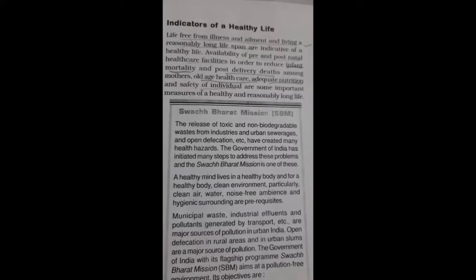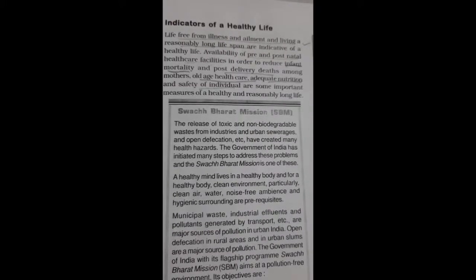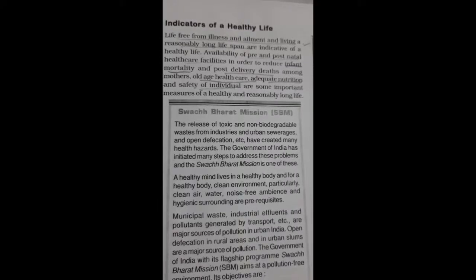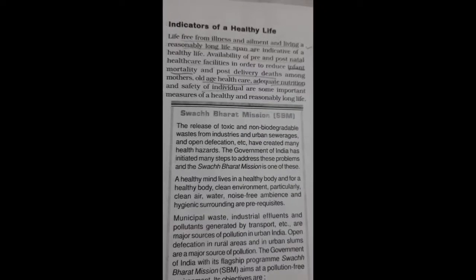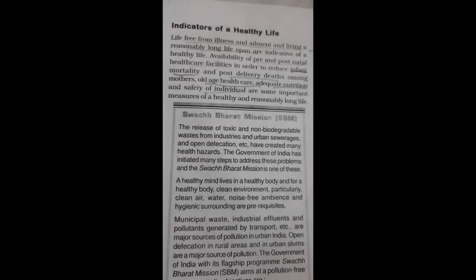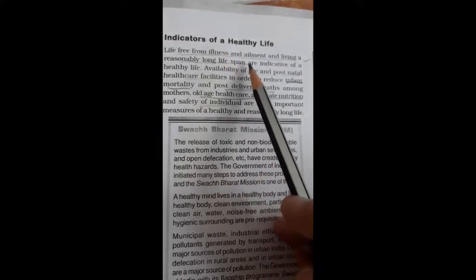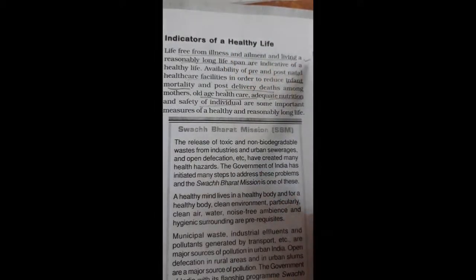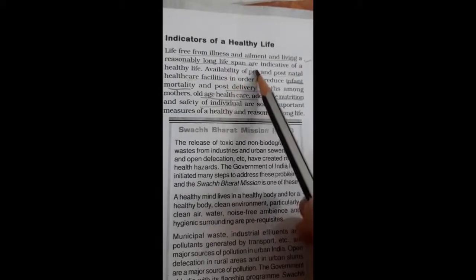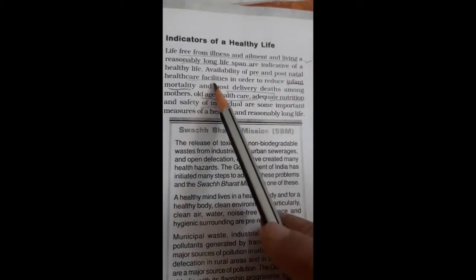Now, health, as we know, it is a major component of development. It is measured in terms of birth rate, death rate, and life expectancy. These are the three criteria for judging the life of the people of a country. So, life free from illness and ailment and living a reasonably long span of life are indicative of a healthy life.